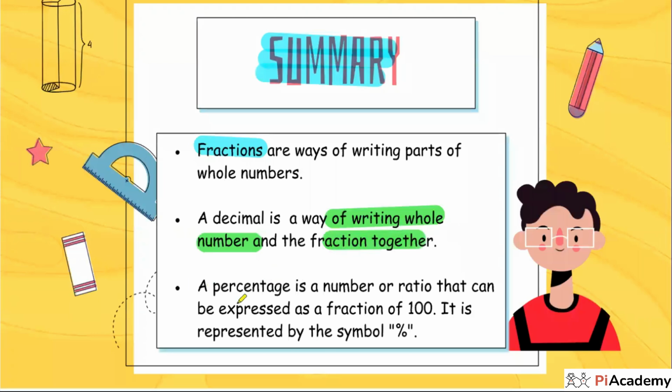And at the end, a percentage is a number or a ratio that can be expressed as a fraction of 100. This is important. A percentage is a number that you can represent as a fraction out of 100, and the symbol for it is the percentage sign.